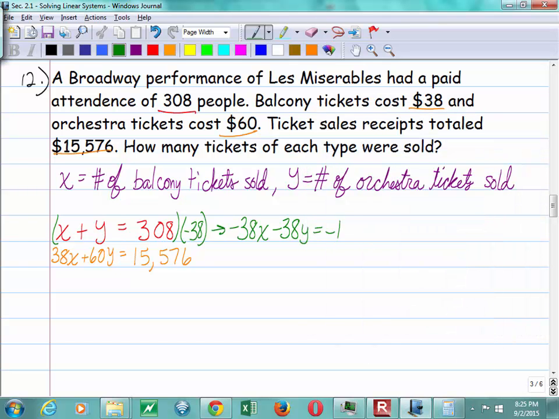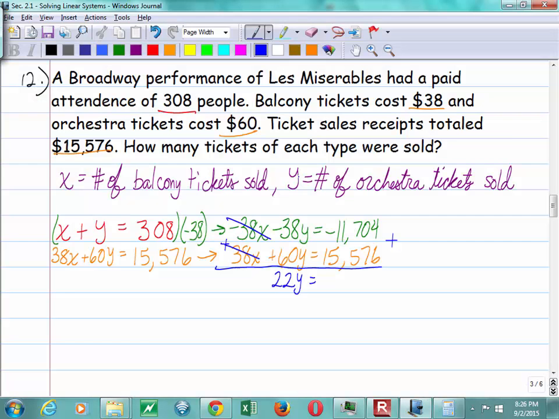So that's negative 11,704. And then I'm going to bring the second equation over, which was 38X plus 60Y equals 15,576. Then I'm going to add these equations together so the x's cancel out. 60 minus 38 would be 22y.